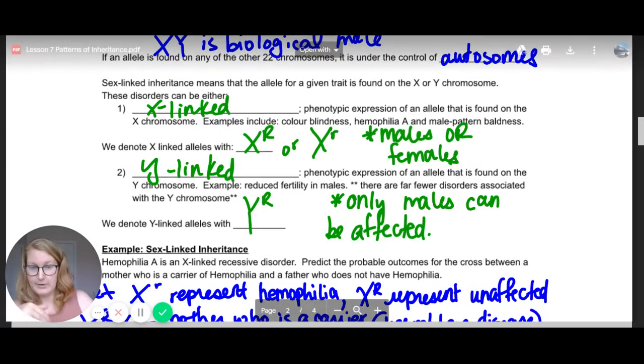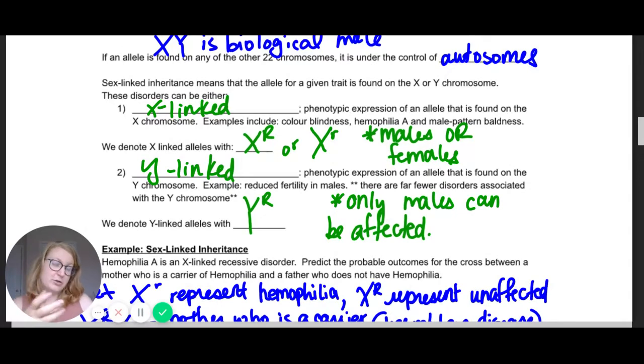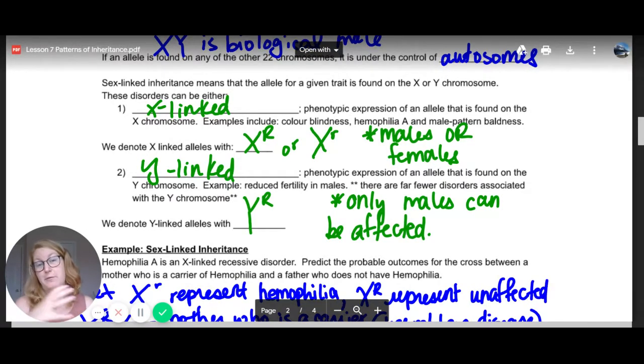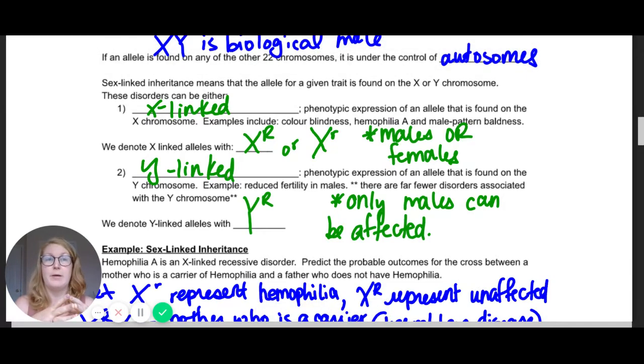So the two patterns are X-linked or Y-linked. More interesting to us is going to be the X-linked, because it affects far more people. Remember that females have two X's and males have one X. Y-linked only applies to males, of course, because females do not have a Y chromosome.